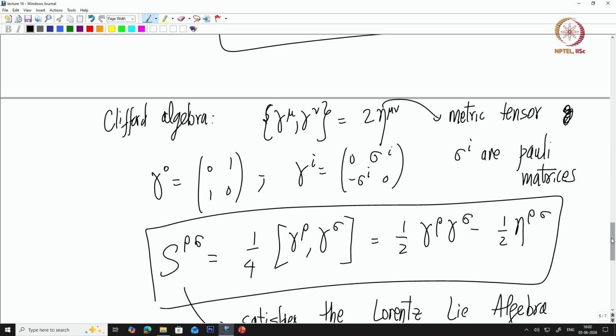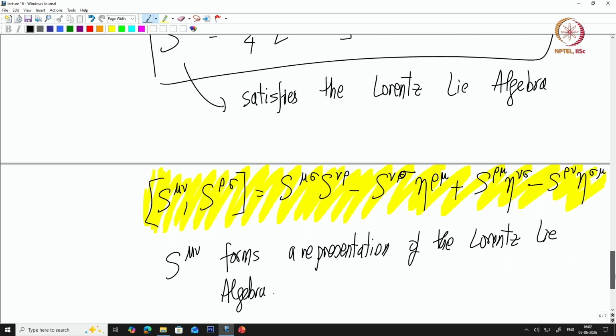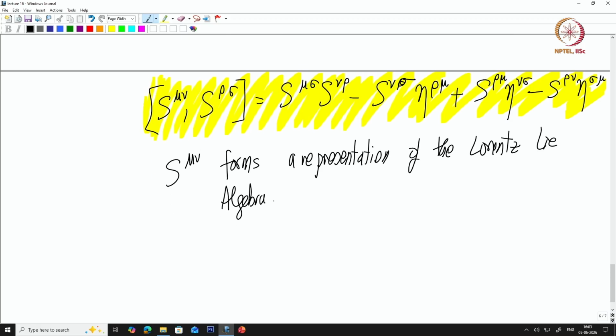So if we find some particles or wave functions which transform with S, we know how they transform under Lorentz transformations. Essentially they form a representation of the Lorentz group, and of course we know those particles.